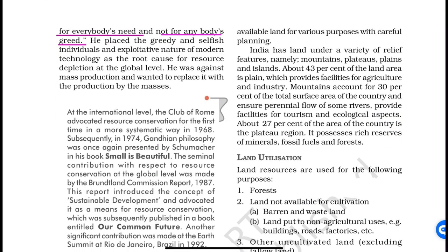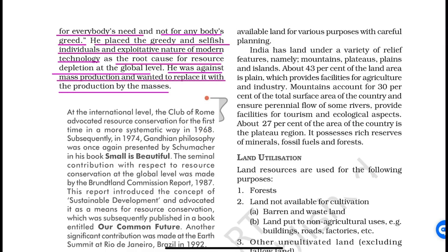This is also important. He placed the greedy and selfish individuals and exploitative nature of modern technology as the root cause for resource depletion at the global level. He was against mass production and wanted to replace it with production by masses.